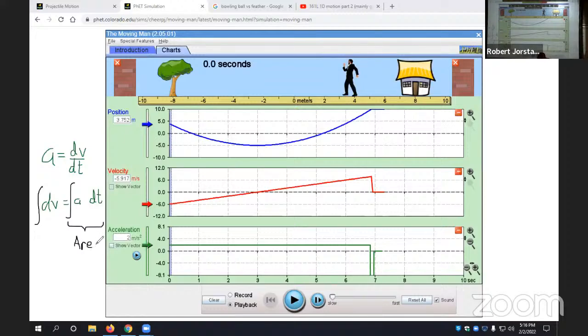Now think, which symbols appear in that integral that I'm underlining here? A and T. Which plot is that the area of? Is it the area of the XT plot, the area of the VT plot, or the area of the AT plot? AT, right? Do you agree? If I want to do an integral on A, I get the area from the A plot.